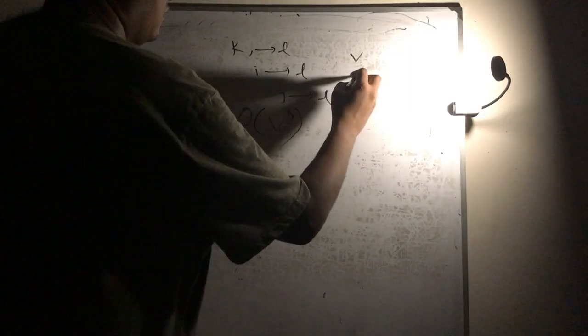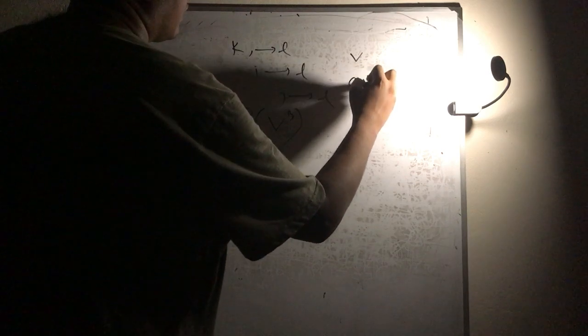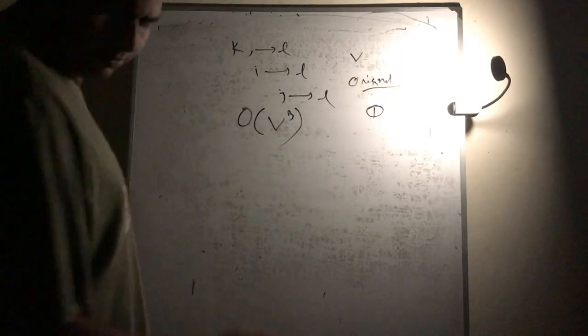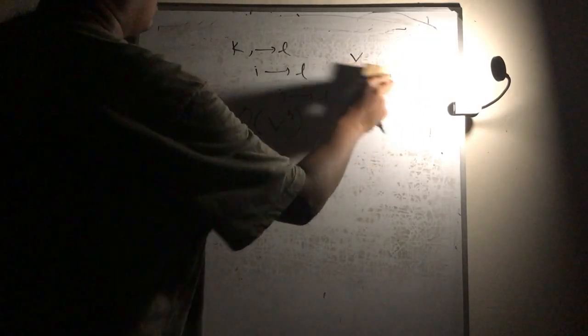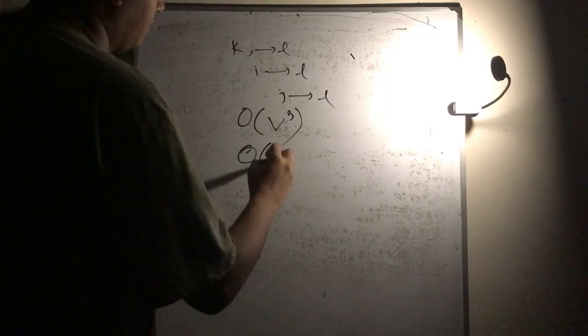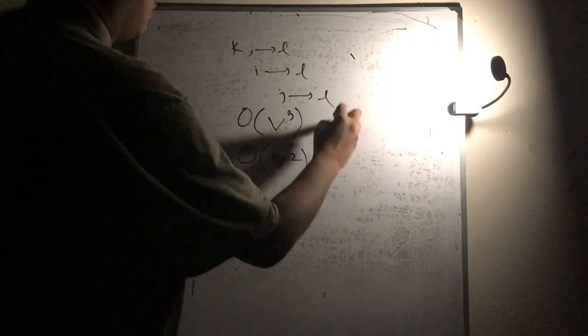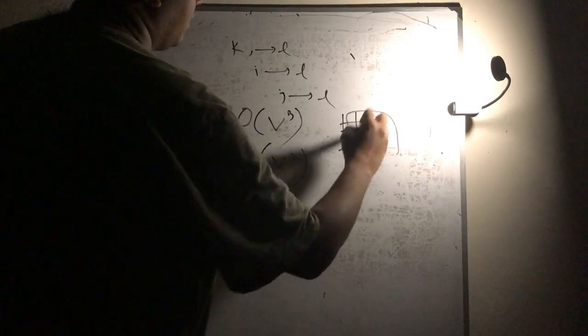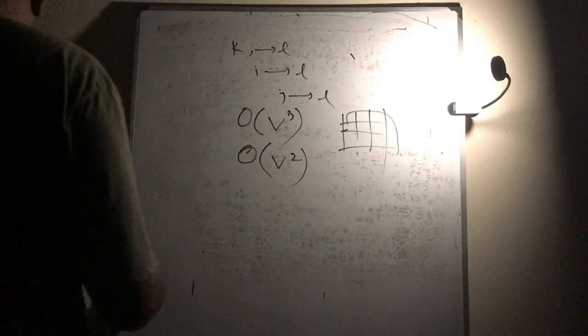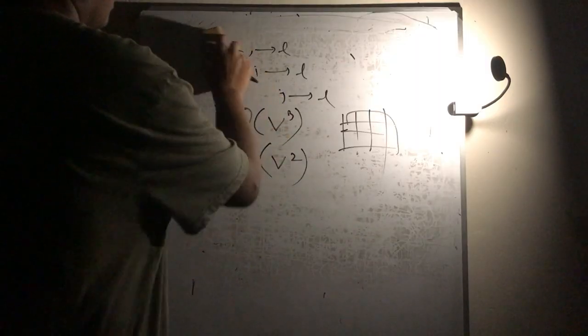Actually, if we use the original graph and modify it, the space complexity equals 1. But we don't want to modify the original graph, so the space complexity is big O of V square, because we use a copy of the graph. Hence, that's all for the transitive closure.